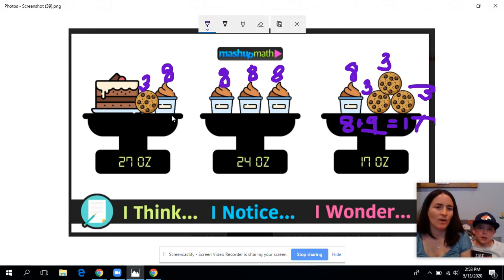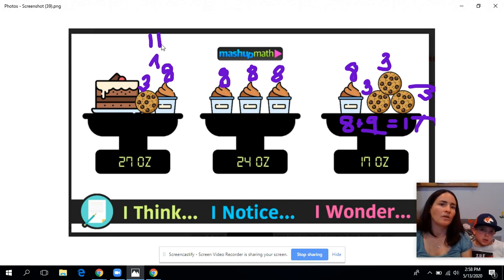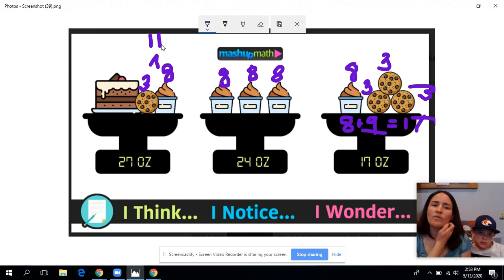Okay. So then what can you tell me about this first scale? So 8 plus 3 equals 11 ounces. So that means that 11 plus 10 will equal 21. Plus 6. So it's 16 over. Okay, so you think the cake weighs 16?